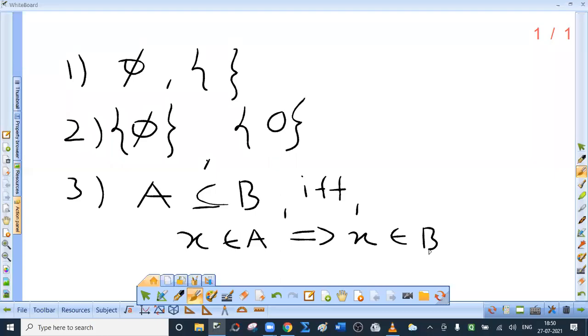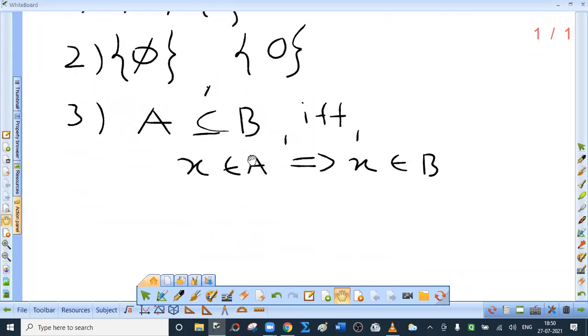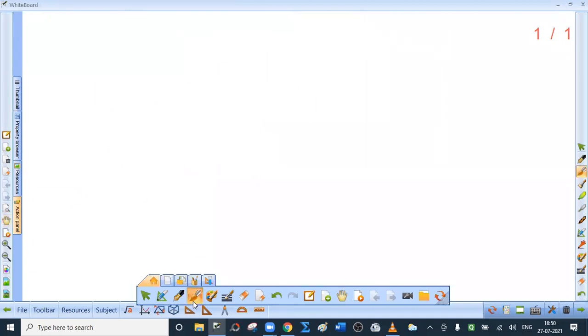Now the next concept is proper subset. If all elements of set A are in set B, and B contains at least one element which is not in A, we say that A is a proper subset of B. And in this case, we write in this fashion.